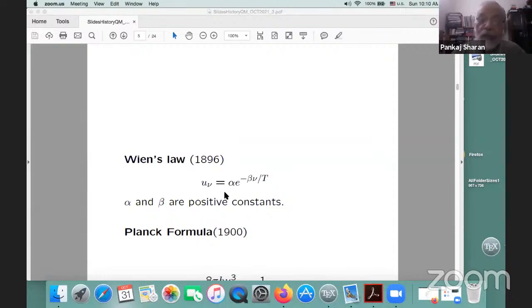It seems to explain the experimental results very well, because those experiments at that time were being done in the visible region or something, for which this formula holds very well.